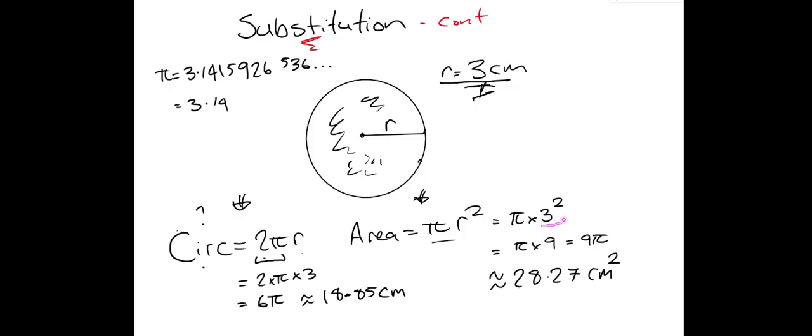So now we square the 3. 3 squared is 9. Pi times 9 is 9 pi, and I put it in the calculator, and I got that. So here we see substitution solving a geometry problem.